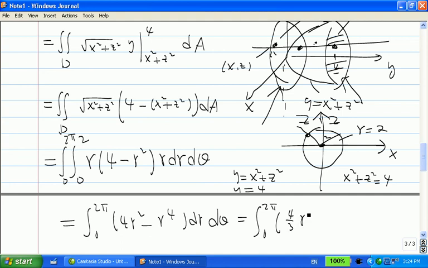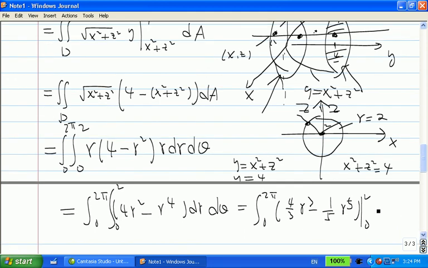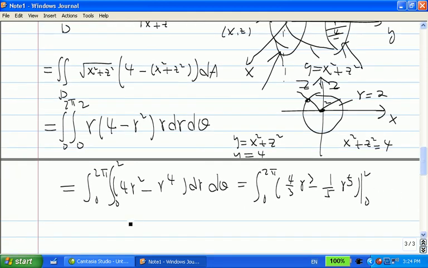That gives 4/3 r cubed minus 1/5 r to the 5th, from 0 to 2. After you integrate that, you can calculate that it gives you 128 pi over 15.